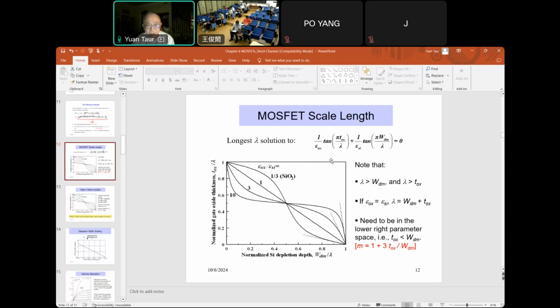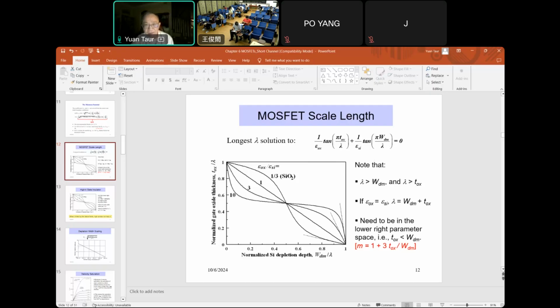So first of all, the solution of this scale length equation is plotted in dimensionless scale here, and the solution always satisfies that lambda is larger than WDM, and also larger than Tox.